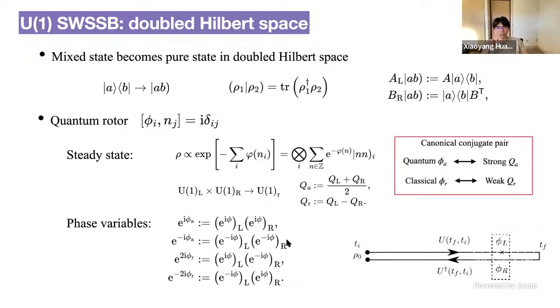To summarize this page, the convenient way to see the relation between the charge and the phase field is to see that the phi field, which is conventionally called the quantum field in the Schwinger-Keldysh formalism, is a canonical conjugate pair to the strong symmetry that we define here. And the classical field is the canonical conjugate to the weak symmetry that we define here. So essentially, if you apply e to the i phi a, that will increase your strong symmetry charge, and correspondingly phi r will increase the weak symmetry charge.